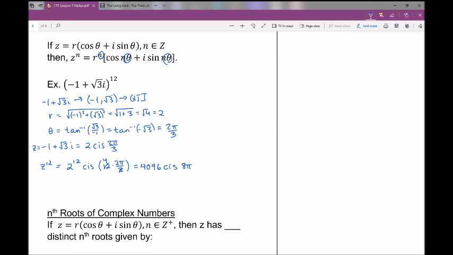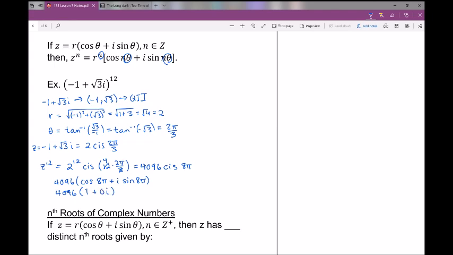So if we want to put this back into rectangular form, we can think about expanding it. So we have 4096 times the cosine of 8 pi plus i times the sine of 8 pi. Now the cosine of 8 pi is 1, and the sine of 8 pi is 0.